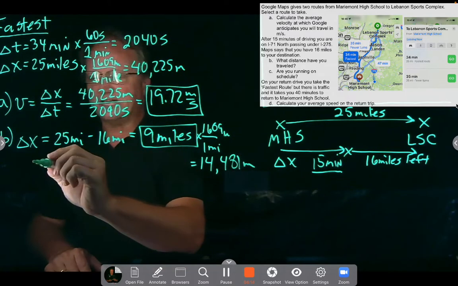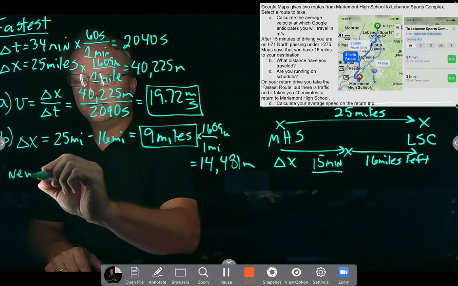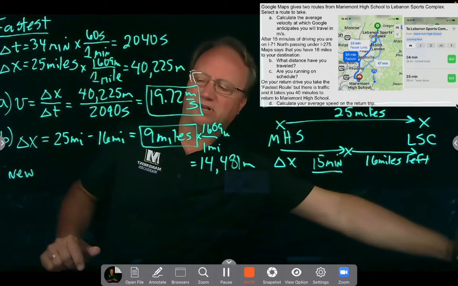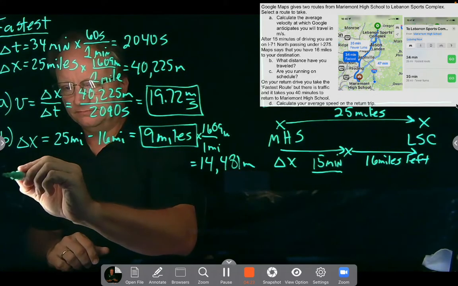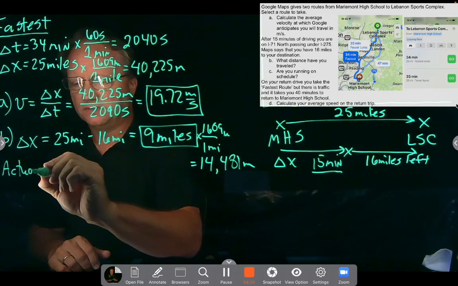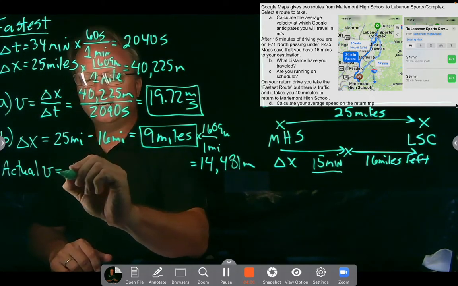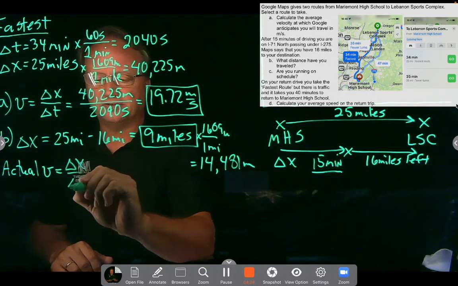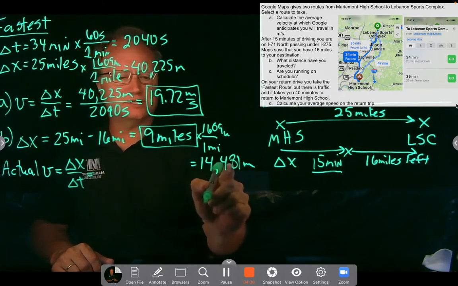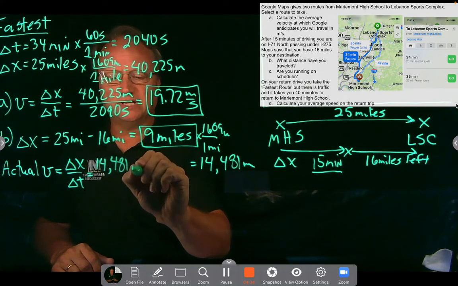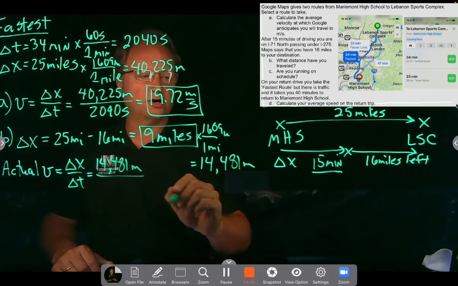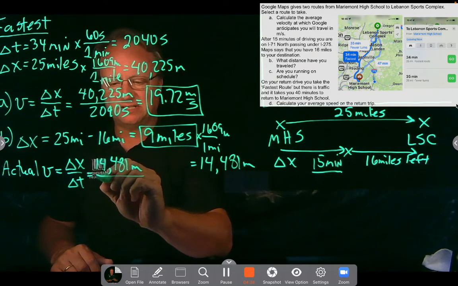So then if we calculate our new, or we should probably say our actual speed, V is equal to delta X over delta T. So it's going to be our delta X, 14,481 meters, over our time, 15 minutes.